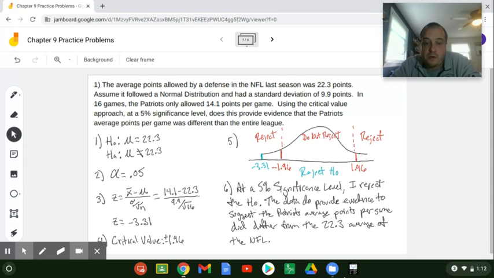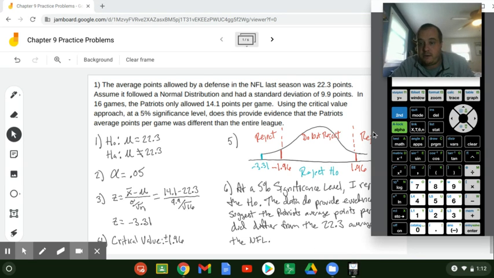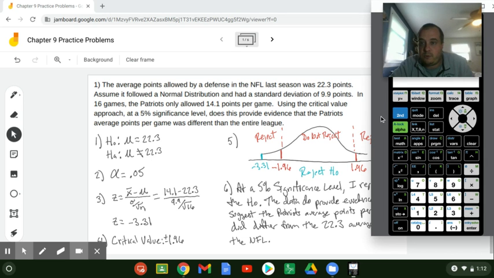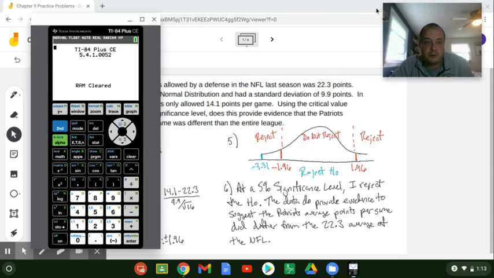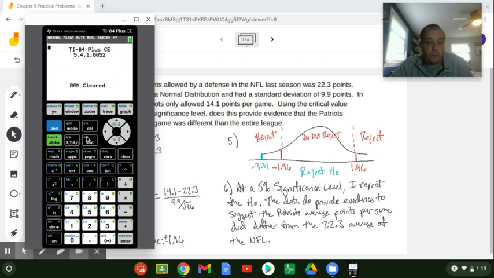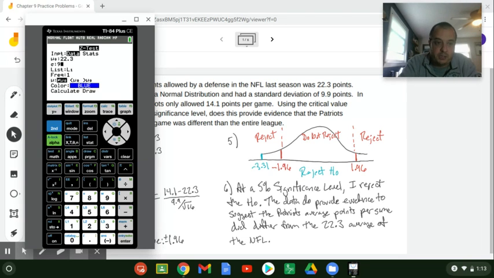If I was going to do this on the calculator instead, I pop up my calculator here and move it over a little bit so we can see it. We go to the stat menu, over to tests. We said this was a z-test. So we're going to enter our stats. Our mean was 22.3, our population standard deviation was 9.9.